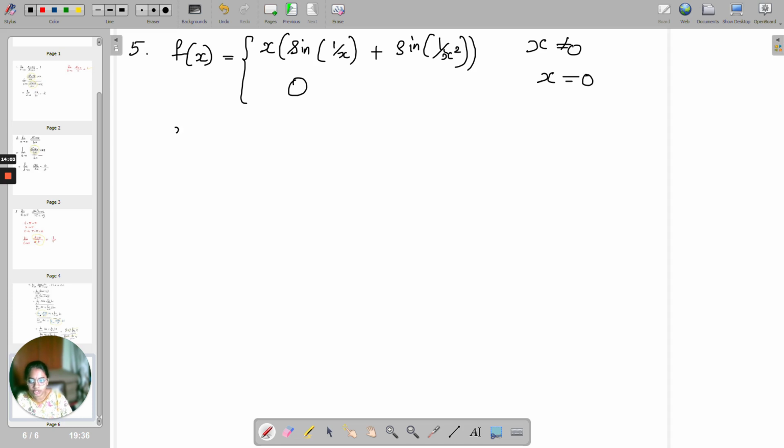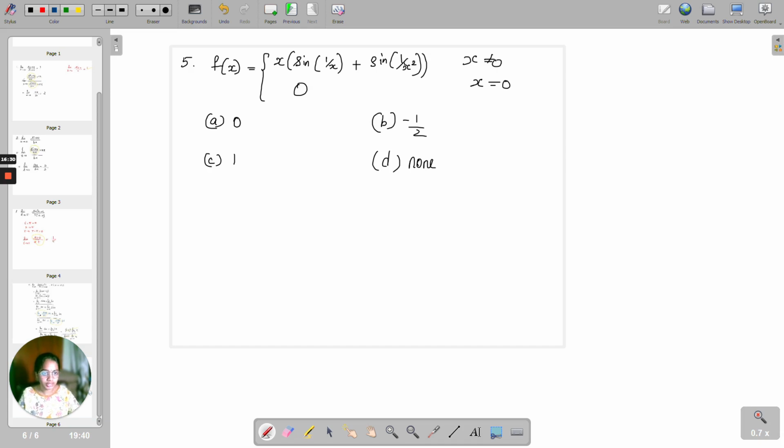The options they have given are a is 0, b is minus half, c is 1, and d is none of the above. They are asking us to find the limit as x tends to infinity.